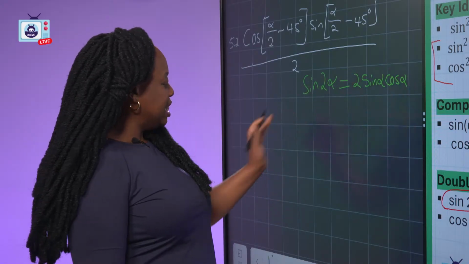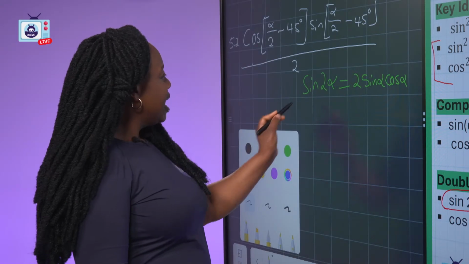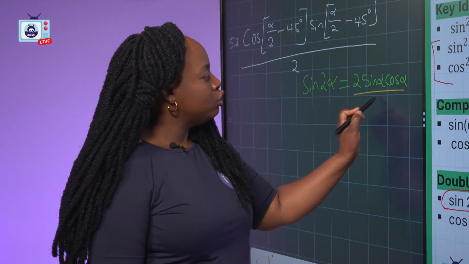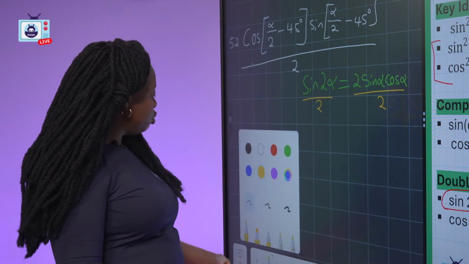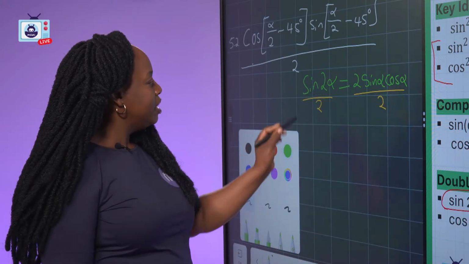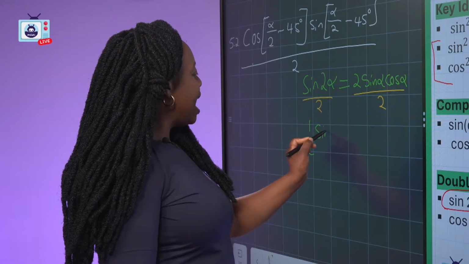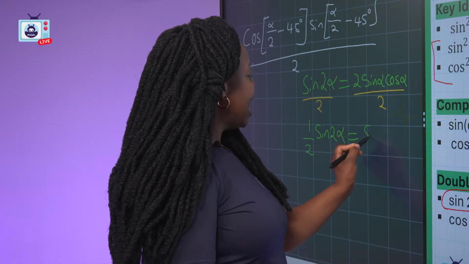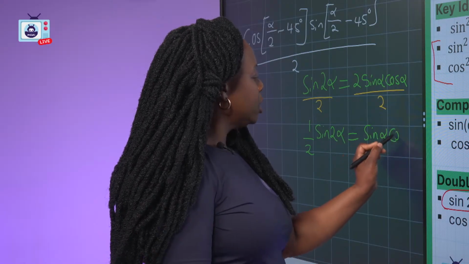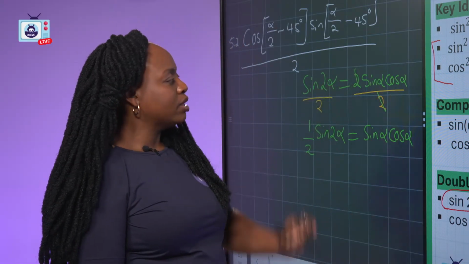So if I see this, that literally is the same as if I come over here and I divide both sides by 2. Look at what is happening. If I divide both sides by 2, I will actually have 1 over 2 sine 2 alpha equals sine alpha cos alpha. The 2's will divide and I'll get 1.